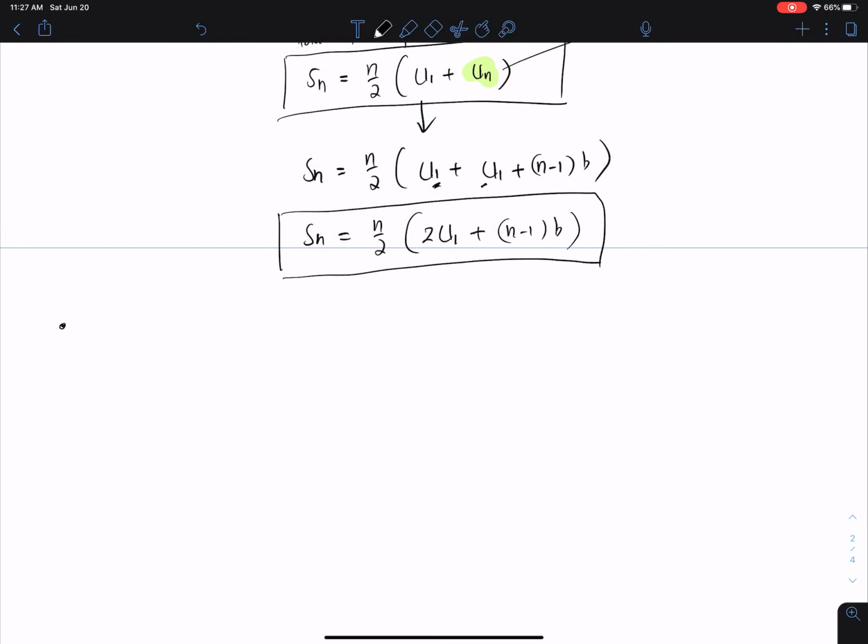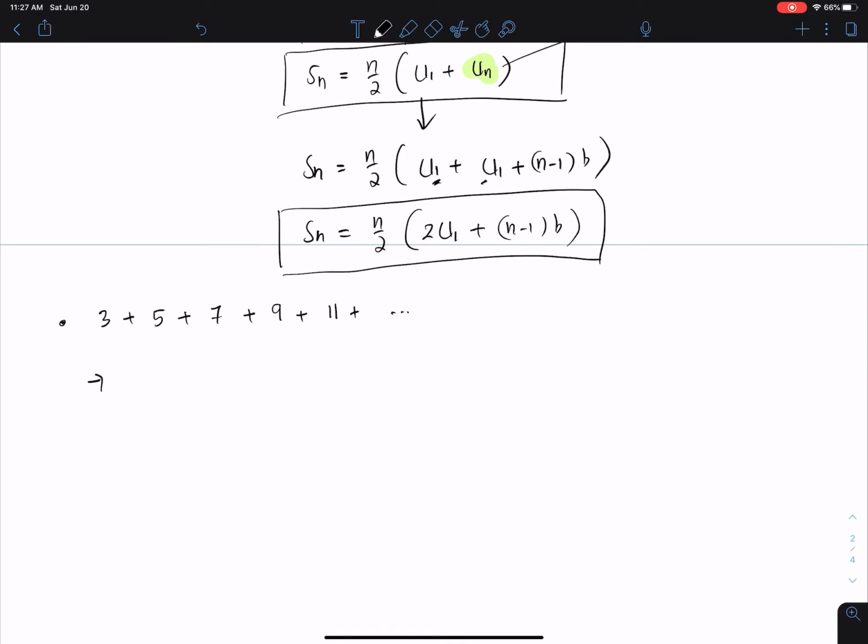The sequence 3 plus 5 plus 7 plus 9 plus 11 and so on. If the question asks about the total of the first 4 terms from this particular series, we can check first.